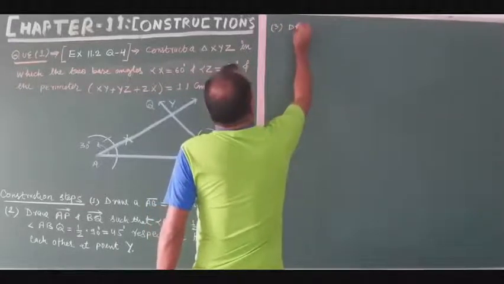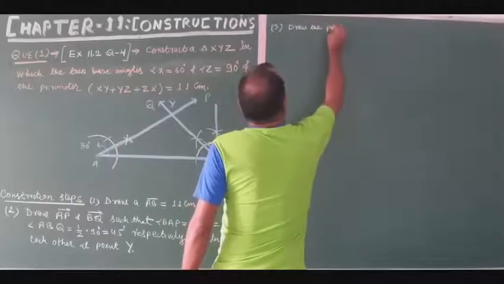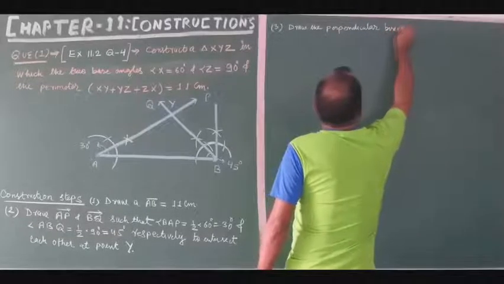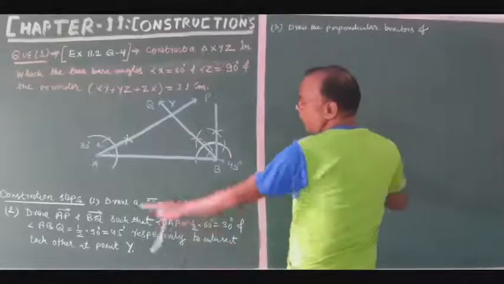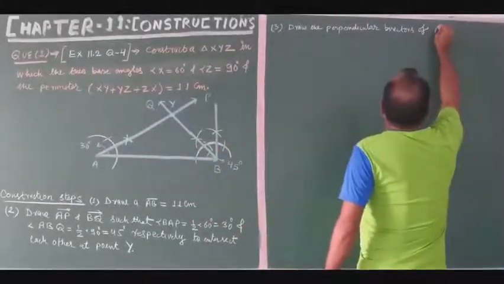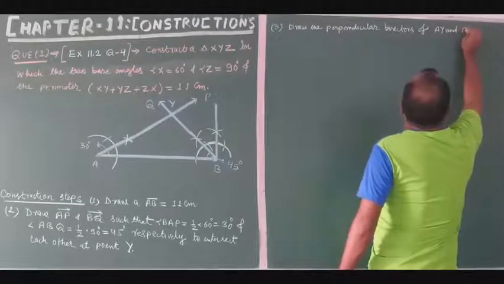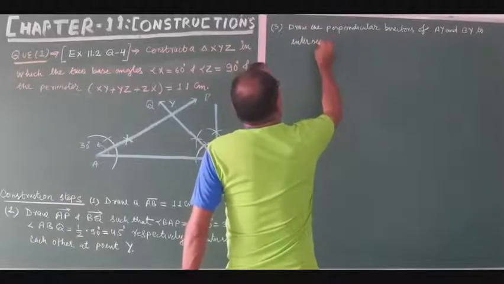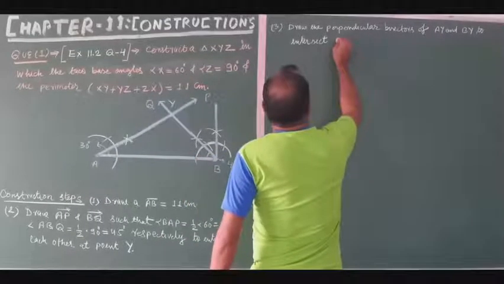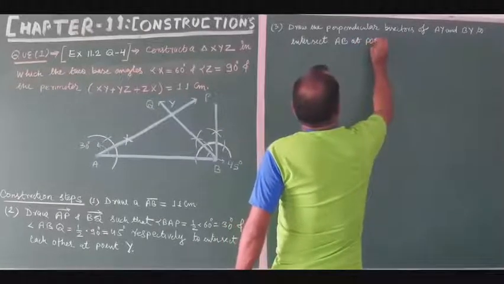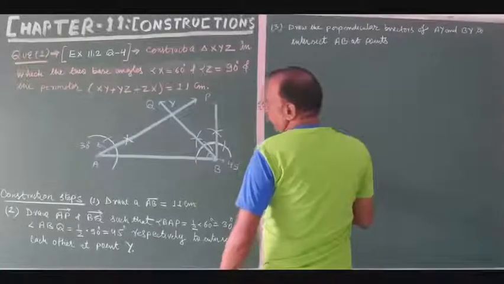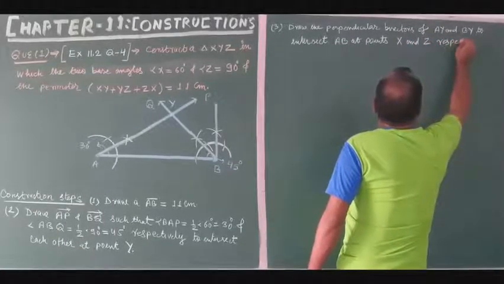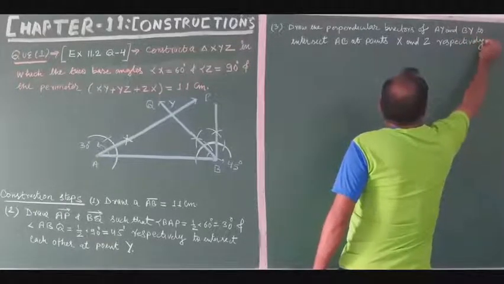Draw the perpendicular bisectors of AY and BY to intersect AB at points X and Z respectively. X and Z respectively.